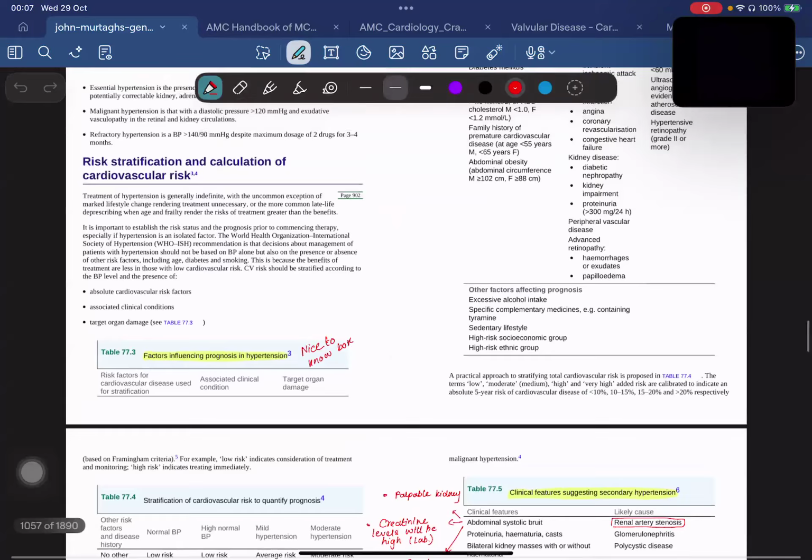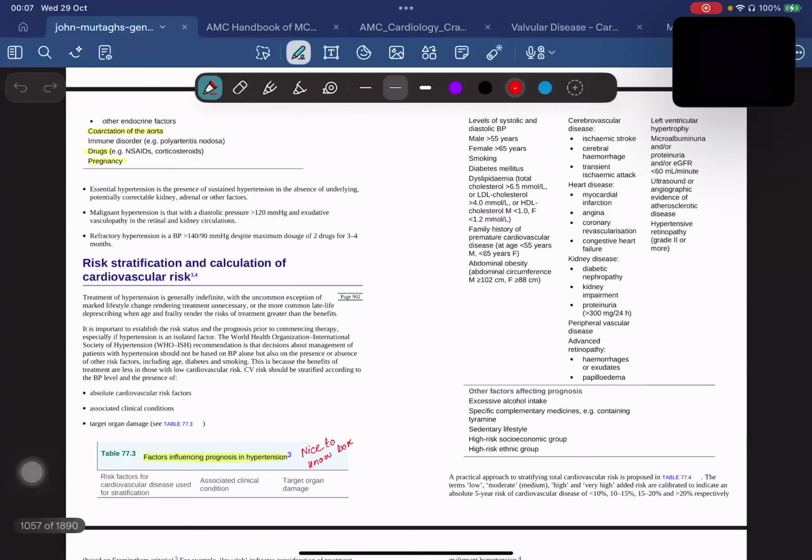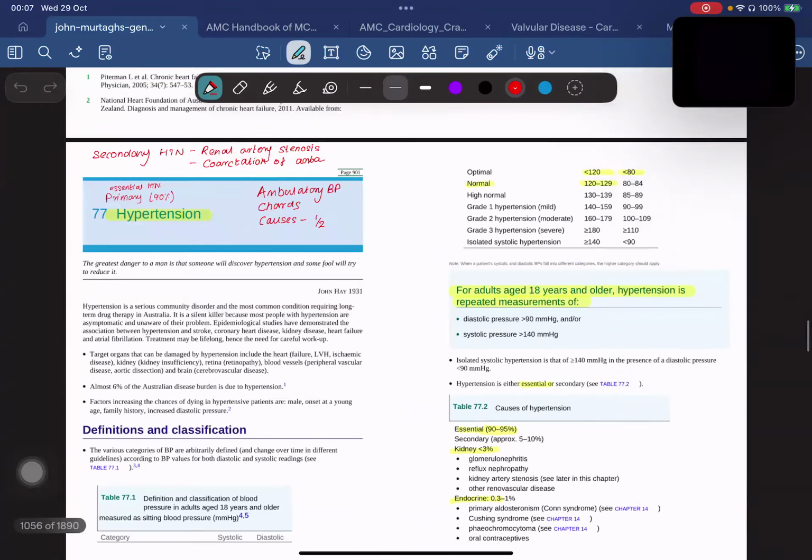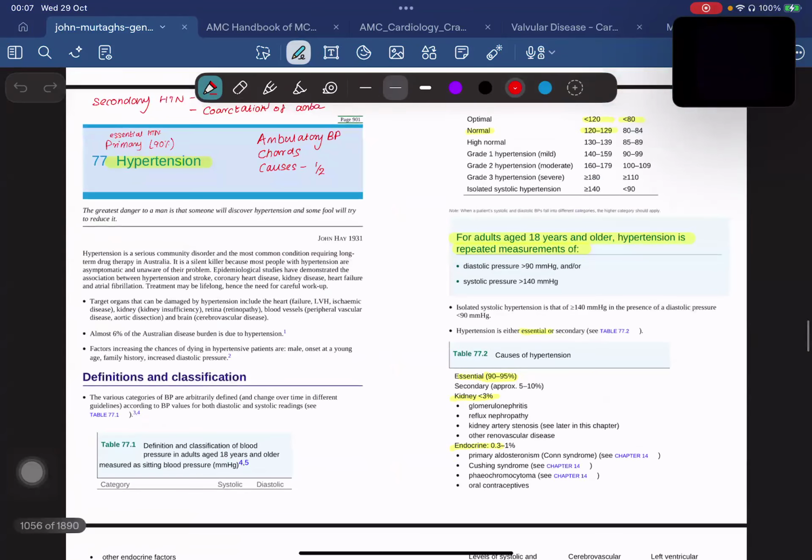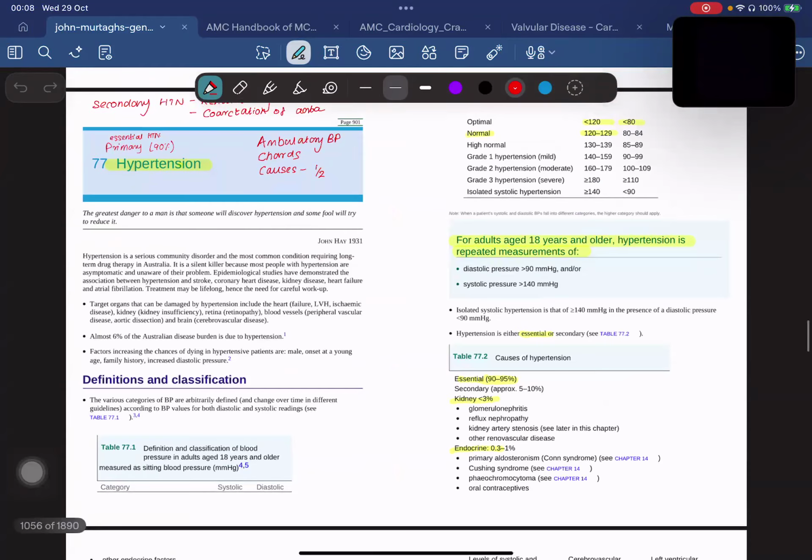This is again a nice-to-know table. Again, these grades and all that, just go through, it's better to know the normal range. That way you know anything above that would be not normal and anything below would be hypotensive.